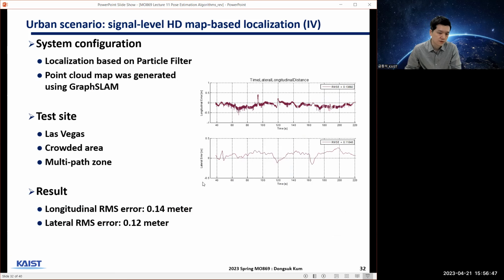And these are the results they shared. Longitudinal, lateral error. Note that they use particle filter. And the point cloud map was generated using graph SLAM, which we'll talk more about later.